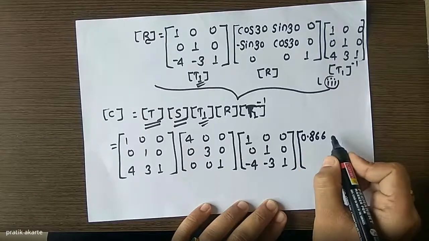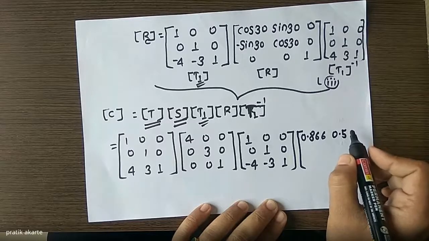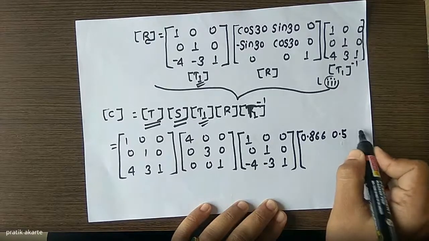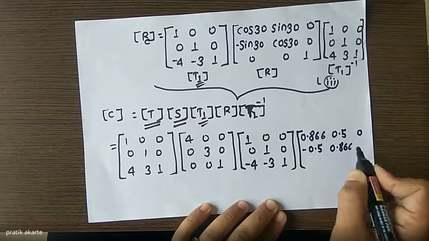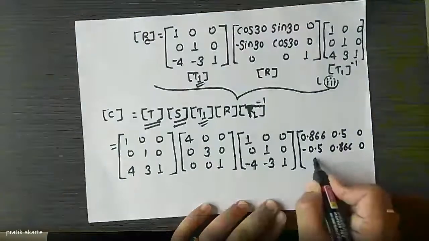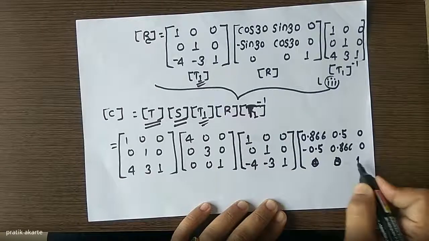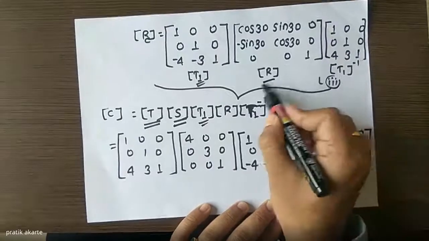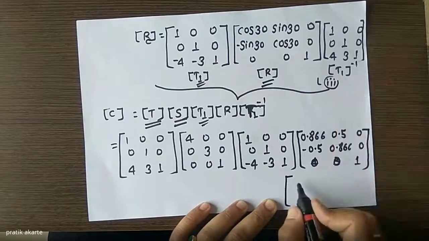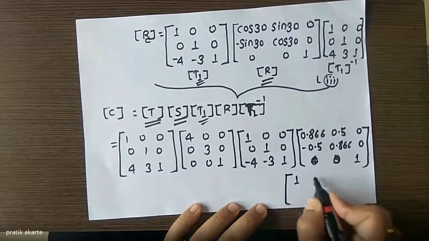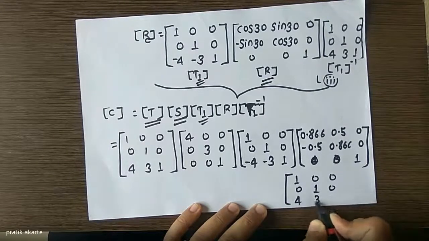Then rotation, I'll write the values now. 0.866, 0.5, 0, minus 0.5, 0.866, 0, 0, 0, 1. This is the rotation, and after that, I'll write this inverse translation as 1 0 0, 0 1 0, 4 3 1.